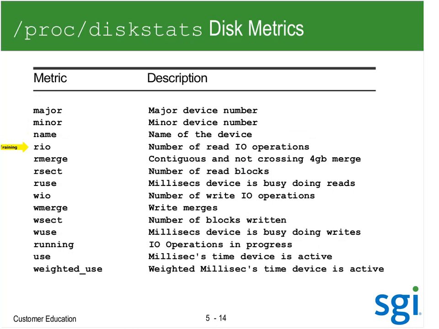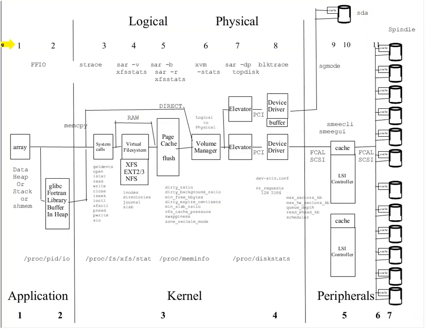Now, we're going to have to talk about this tomorrow again, but there's something called the elevator. In fact, when I go to my I/O stages here, the elevator is also referred to as the block SCSI layer. The elevator is basically a list of I/O operations that are sorted and merged. So if we sort them and two of the IOPs become contiguous, we're going to merge them together.